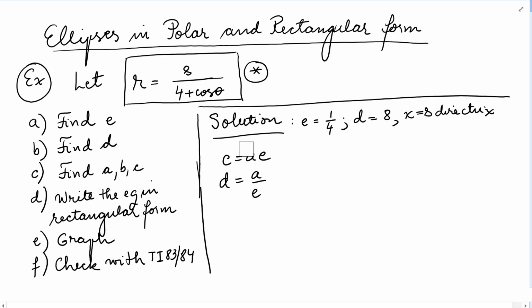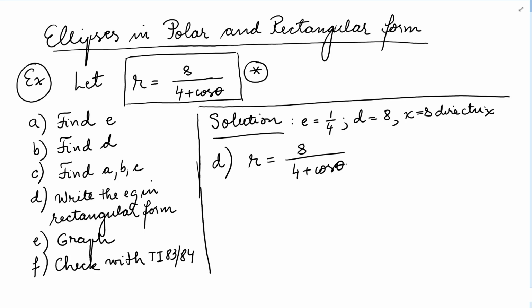So in order to find a, b, and c, which is part C, we're going to do part D first. So write the equation in rectangular form. We start with r equals 8 over 4 plus cosine theta, and we want to write this polar form as rectangular form.